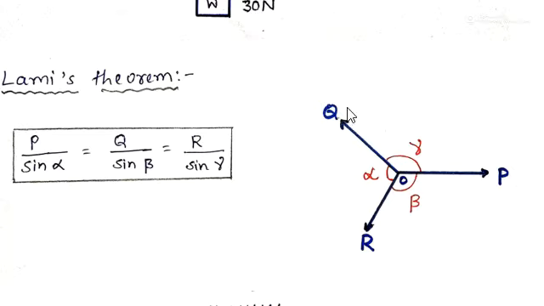Suppose P, Q, R are three forces acting at a point O, and alpha is the angle between Q and R, beta is the angle between P and R, gamma is the angle between P and Q. So from Lami's theorem we can write the formula like this: P by sine alpha, Q by sine beta, R by sine gamma.